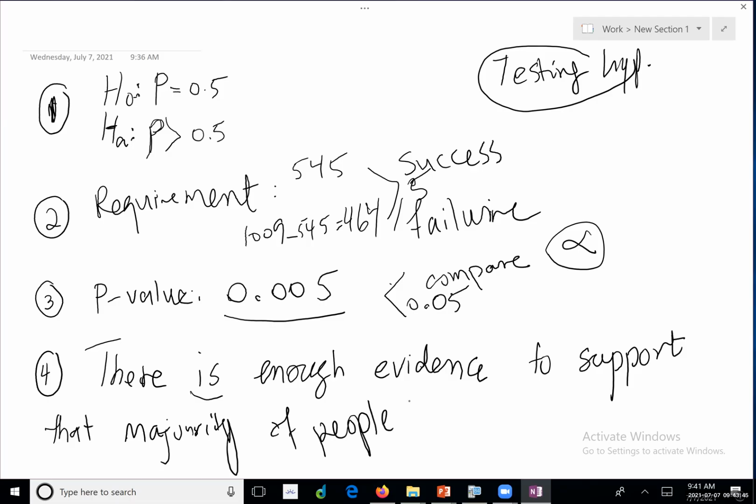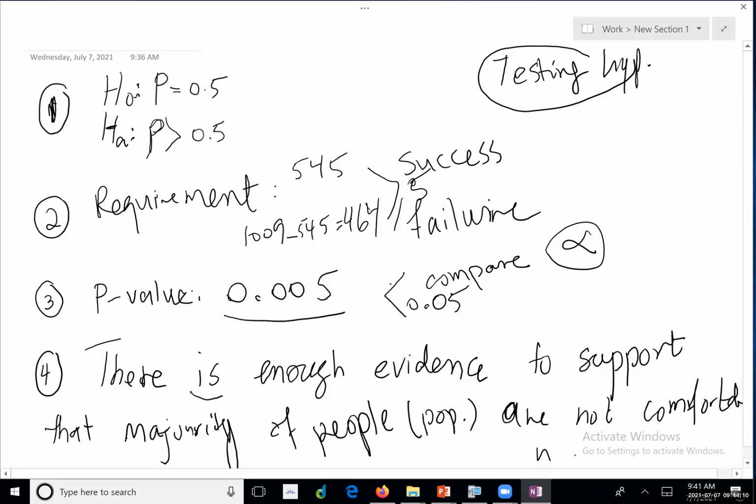Make sure the people you are mentioning come from the population you are talking about, not just the sample. So majority of people are not comfortable with drone deliveries.